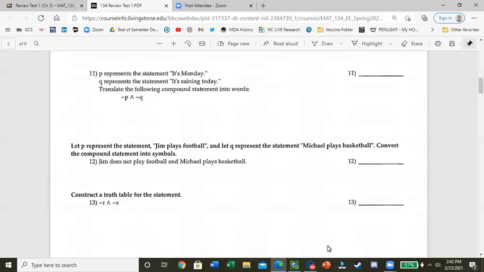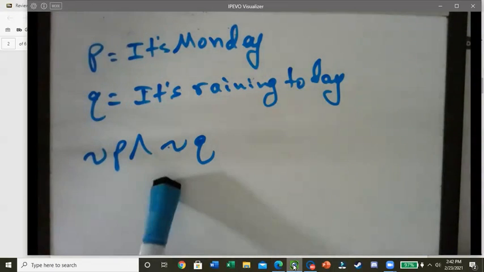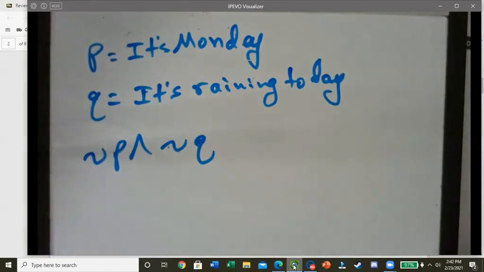Q is it's raining today. And we want not P and not Q. So this is what we got here, and we want to convert from symbolic to written form.